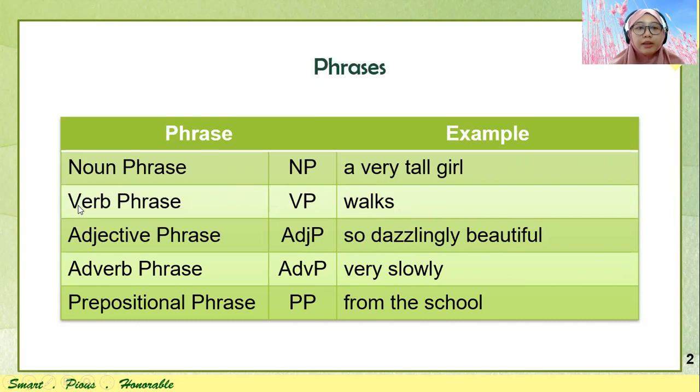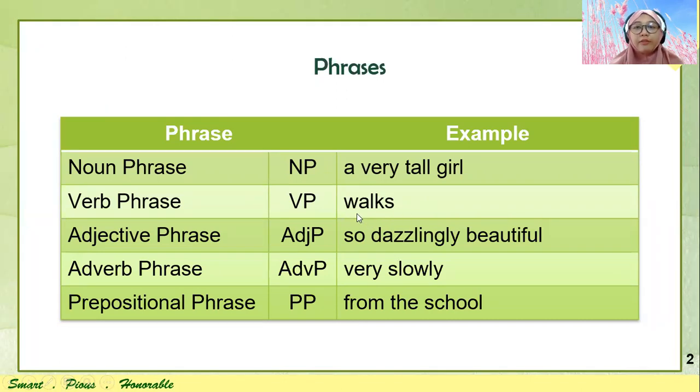And then the next one is verb phrase. A verb phrase always becomes a predicator in a sentence. This is the abbreviation VP, and this is the example, walks, for example.